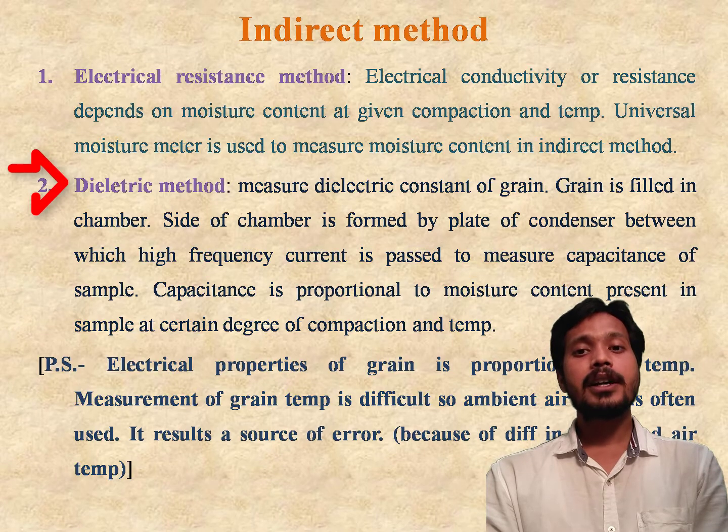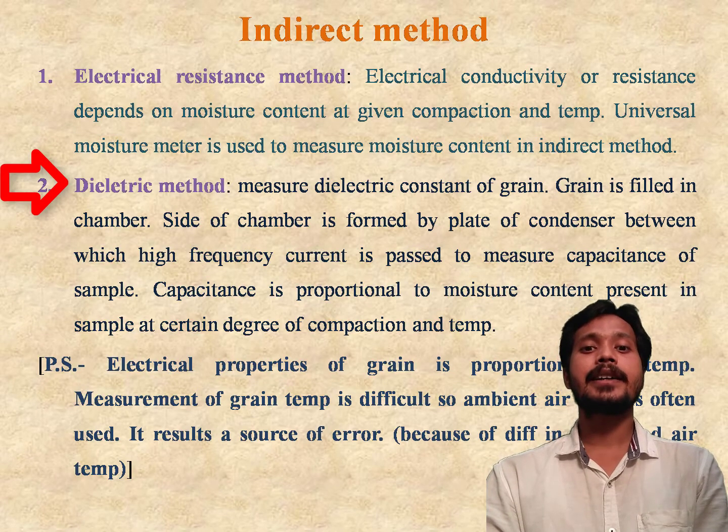Generally the energy will be penetrated inside the apple up to a certain depth. So the amount of energy penetrated inside the apple is nothing but the dielectric, and the amount of energy lost from the apple is called dielectric loss. So with the help of this parameter, we calculate the percent of moisture. So that's why this method is called an indirect method.